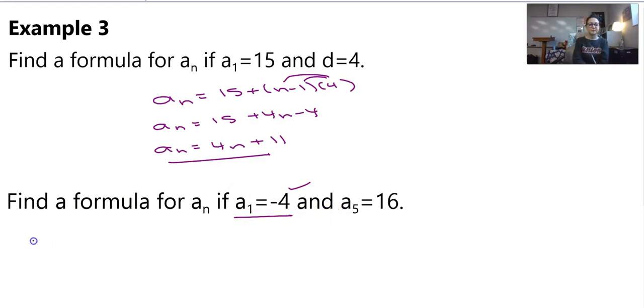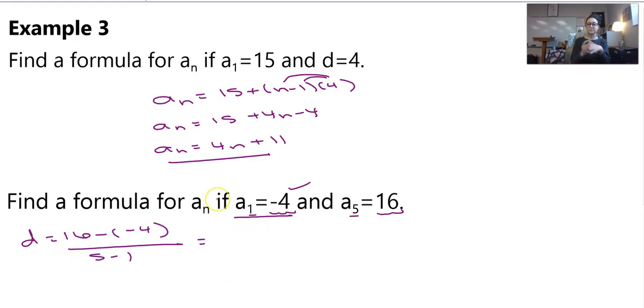Here's what I mean. So d is going to be your difference in your term, so go 16 minus negative 4 over your difference in which terms you're looking at. So 5 minus 1 should look very similar to slope, okay?